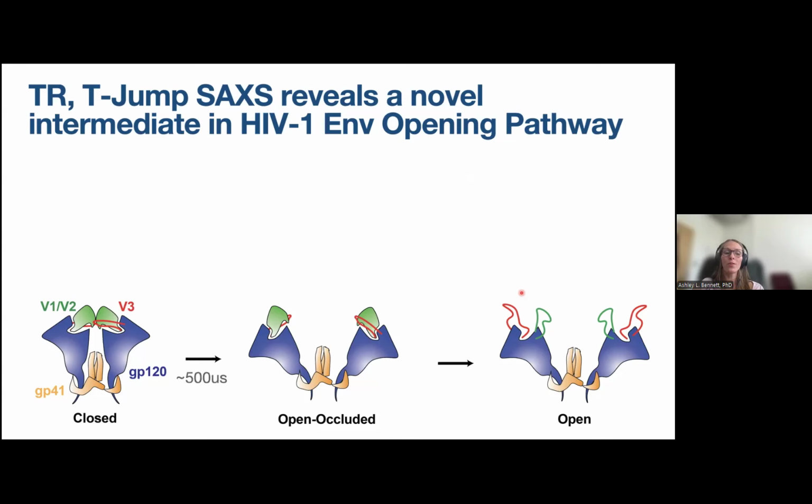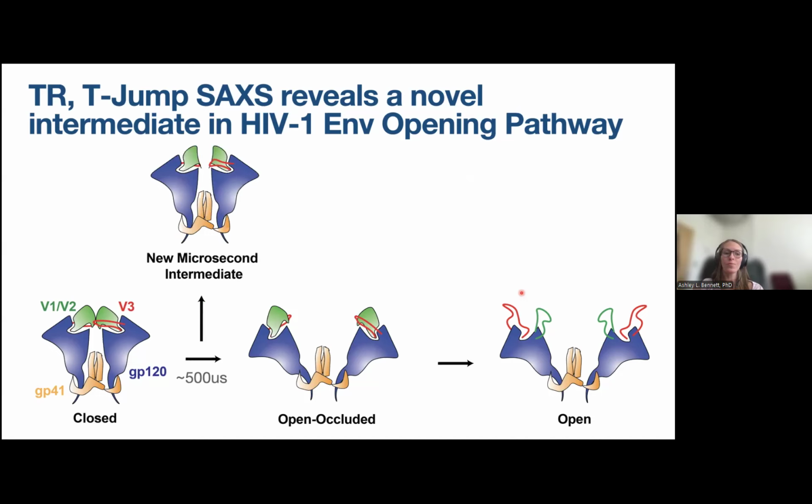What we found is that the movement from the closed to open occluded structure is happening on approximately a 500 microsecond timescale. This is consistent with previous FRET data in the field, showing that there is a transition happening faster than the millisecond timescale.